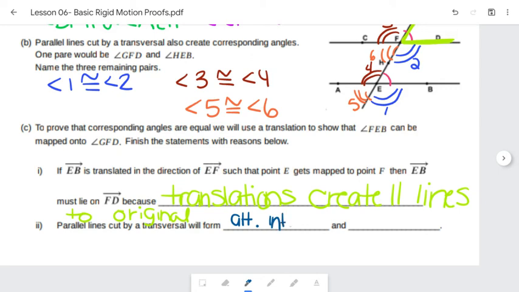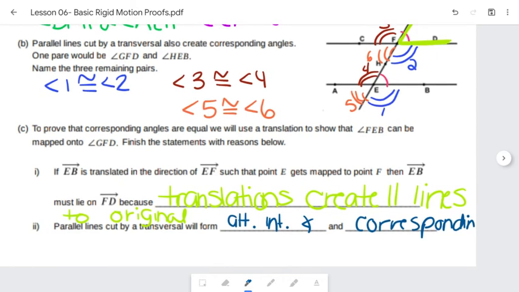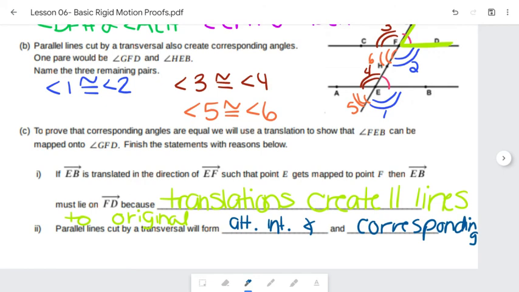I'm just going to abbreviate that so it fits. And corresponding angles. Those are two angles that will always pop up when you have parallel lines cut by a transversal. And every pair of corresponding angles are congruent, just like every pair of alternate interior angles are congruent.